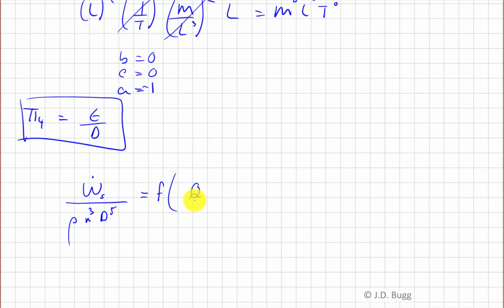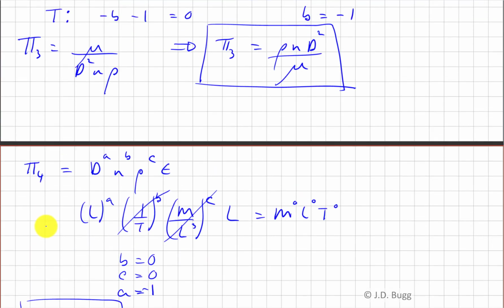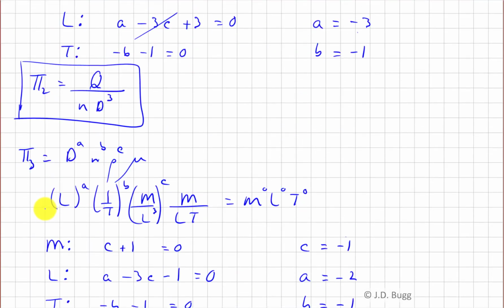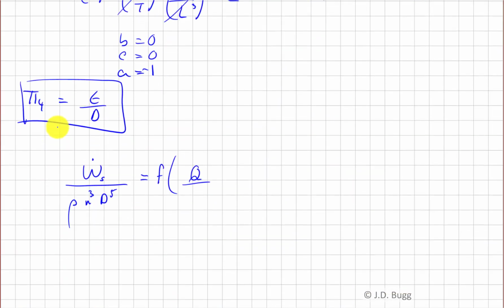One is the flow coefficient, and that is, go back and look at what that one is. That one is Q over n d cubed. And then we had our Reynolds number, which was rho n d squared over mu. And then finally the one we just found, the relative roughness.